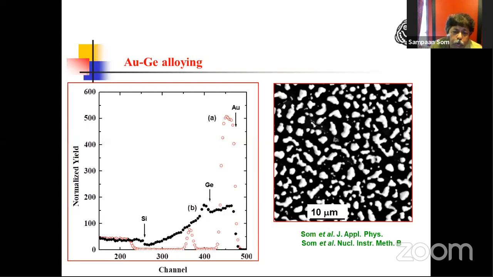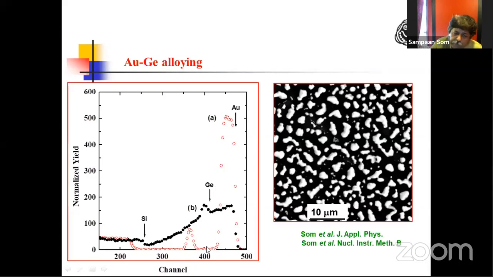Here, a gold film was deposited on a germanium thin film, which was further deposited on the silicon substrate. And then, if you follow these red circles in the RBS spectrum, you see first the gold peak comes, then a certain amount of gap is there on the energy scale.